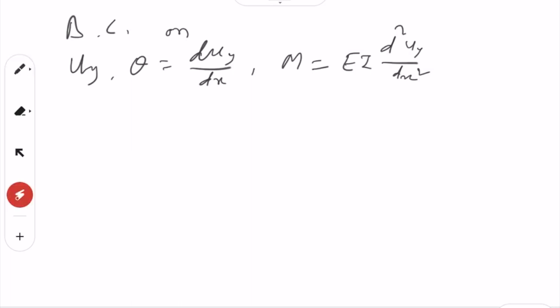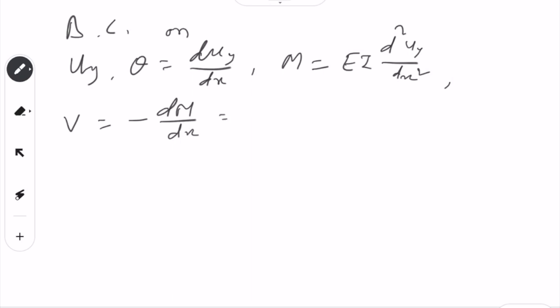And then you can also have it on the force. Which force? The shear force. On shear force V, we know that this is minus dM over dx, which we have derived already.